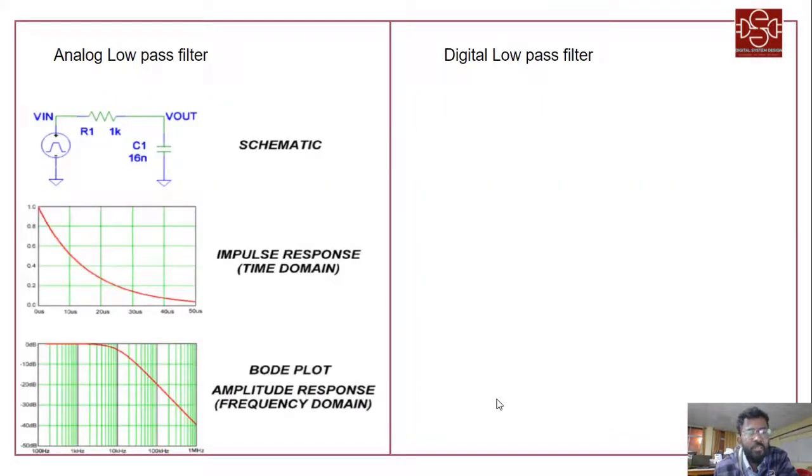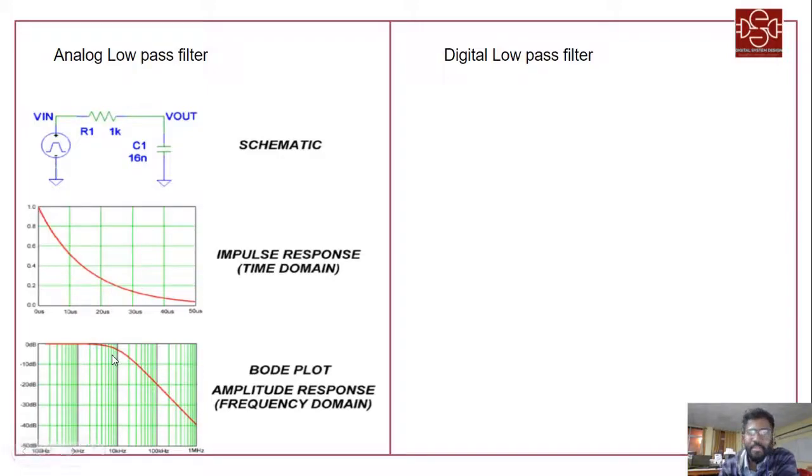Next, that is the basic analog low pass filter, designed with the resistor and the capacitor here. This is the low pass filter diagram, which shows that it satisfies the low pass filter characteristics, but for a better view we can see the frequency domain.